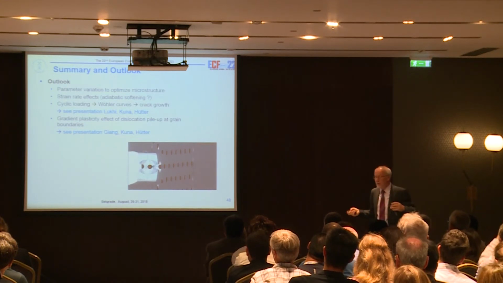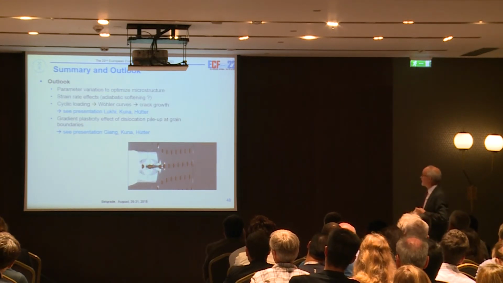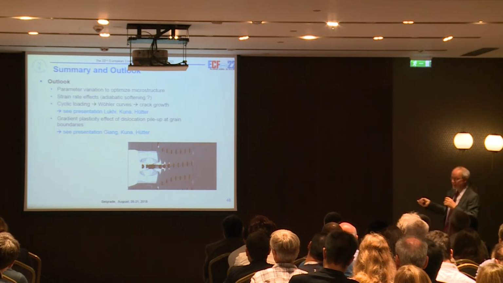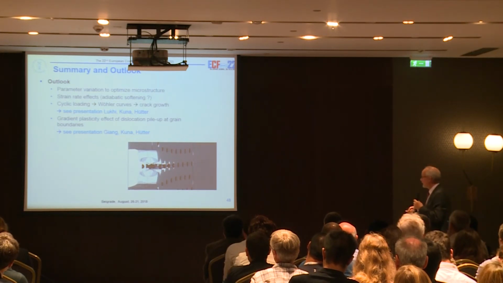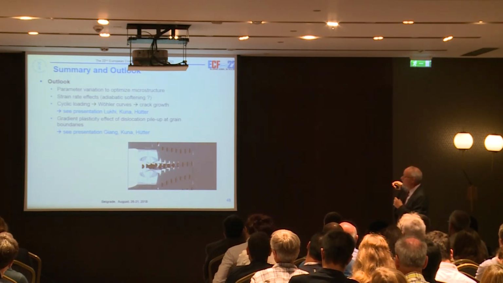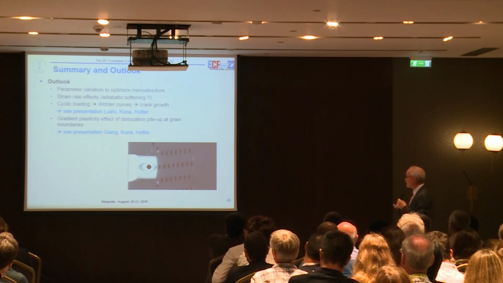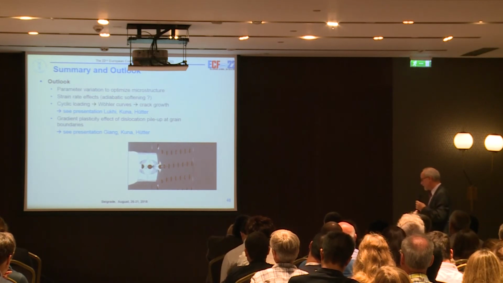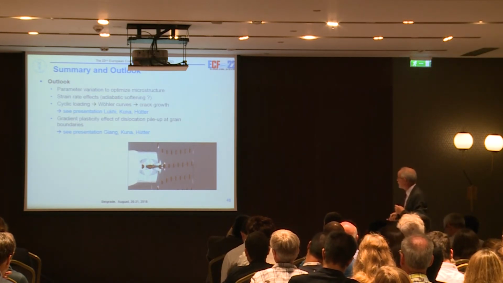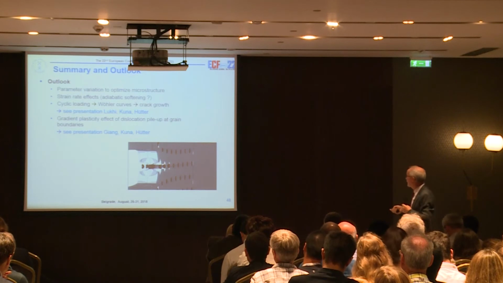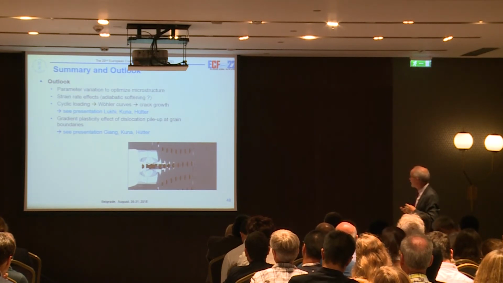We can play now with this tool. We can apply not only K, we can apply T-stresses, or now we have an infinitely large crack, but we can simulate the constraint conditions in any specimen or structural component. We can vary the microstructural parameters.